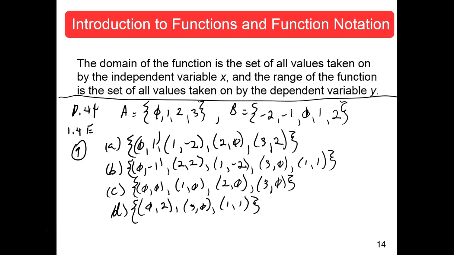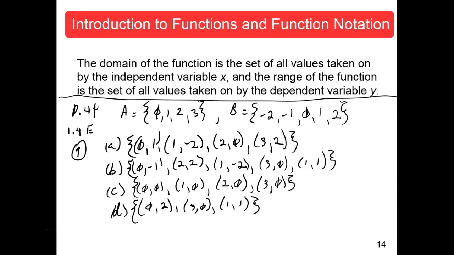Now the question is, in these 4 options, which set of ordered pairs, A through D, represents functions from A to B? Let's start with the first one. Is (0, 1) a potential element in the function A to B? 0's in A, 1's in B. That fits.